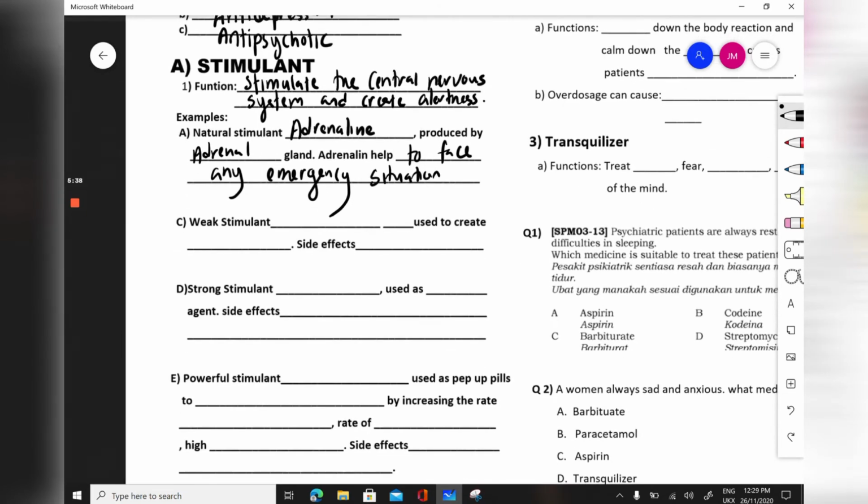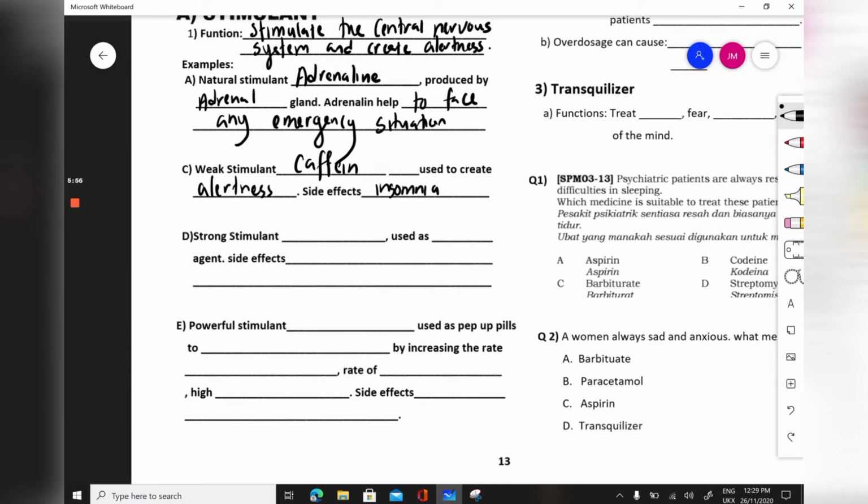Okay, and the weak stimulant is known as caffeine. Caffeine is obtained from coffee seed and is used to create alertness. Long term taking of caffeine can cause insomnia. And the strong stimulant is known as cocaine.